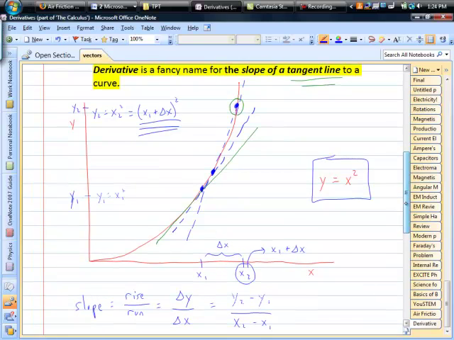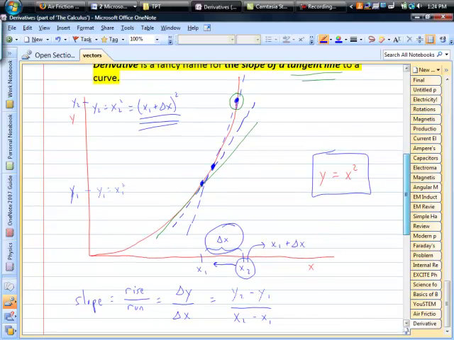Now, how do we do that mathematically? It's all in this delta x right here. If we scooch x2 closer to x1, we get our dashed line closer and closer to the green solid line, to our tangent line.